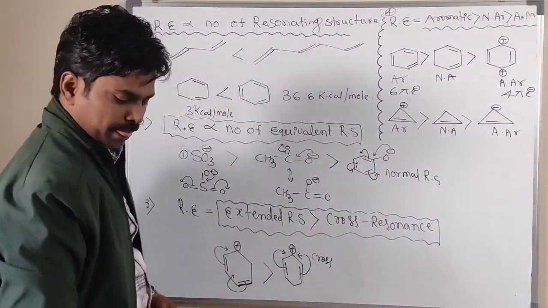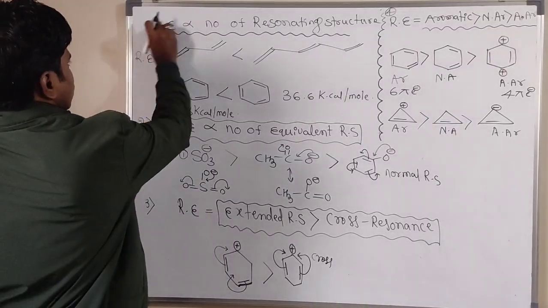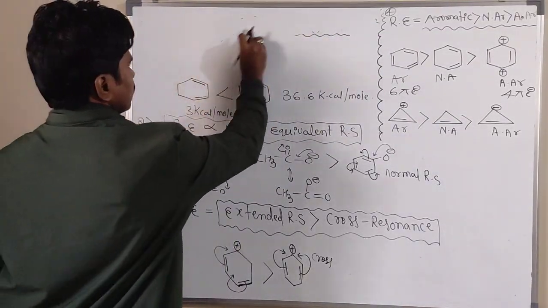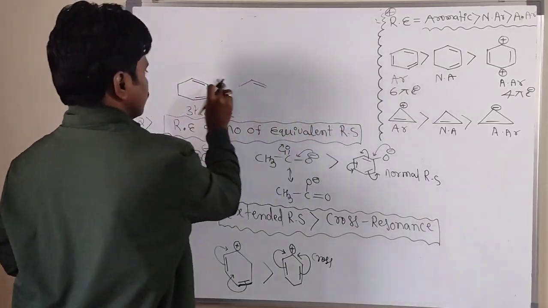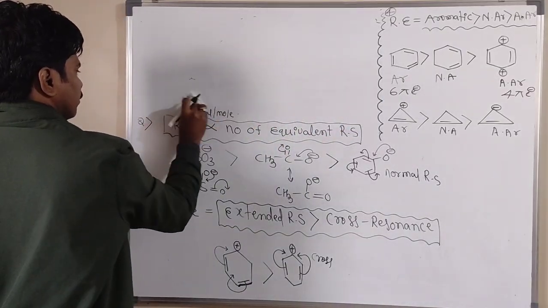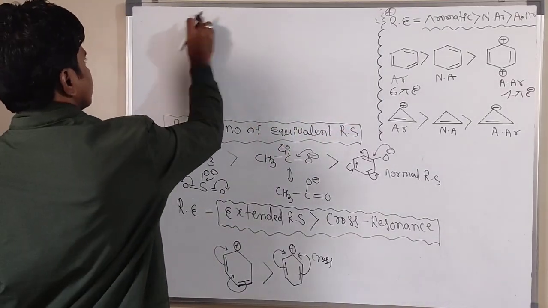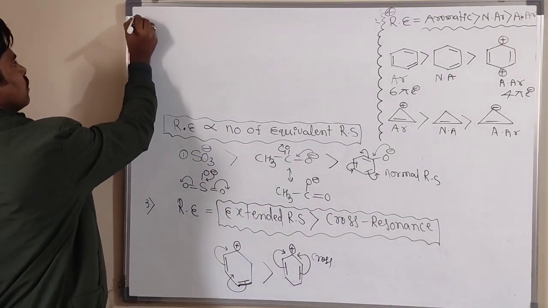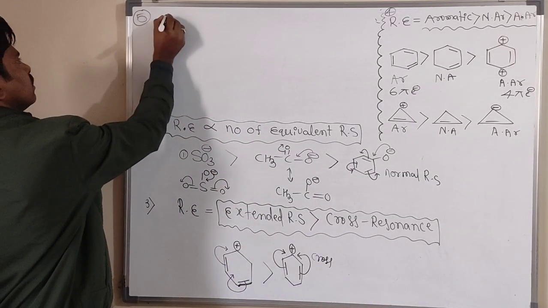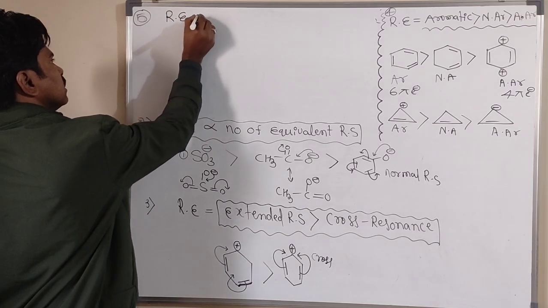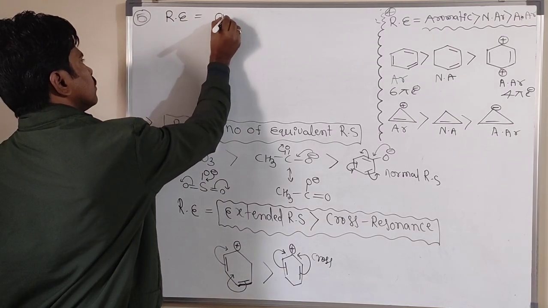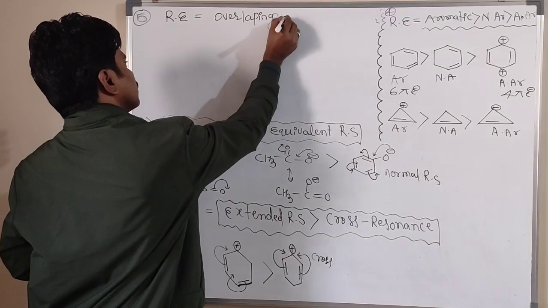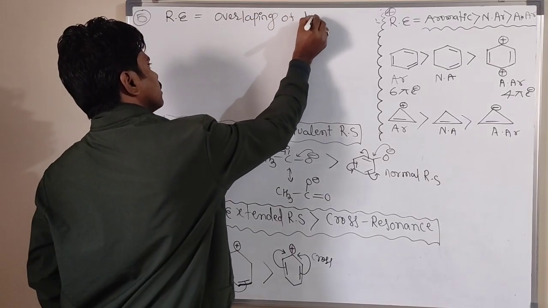Next one: resonance energy is directly proportional to the overlapping of lone pair of electrons. Fifth one: resonance energy is equal to overlapping of lone pair of electrons.